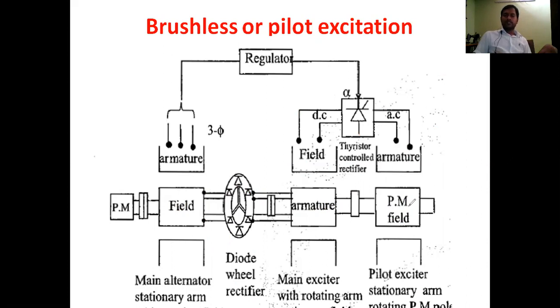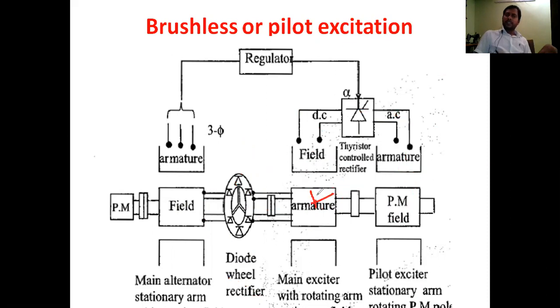So here simply, AC is generated by using the permanent magnet. It will convert AC into DC. This DC field is given to the armature. This armature again produces AC. Or for example, if it is generating DC, no problem. This bridge diode rectifier will convert it into pure DC.